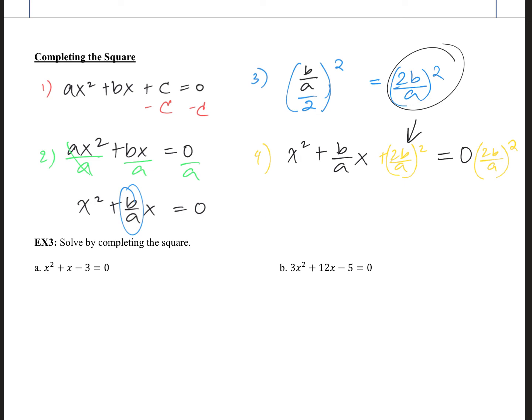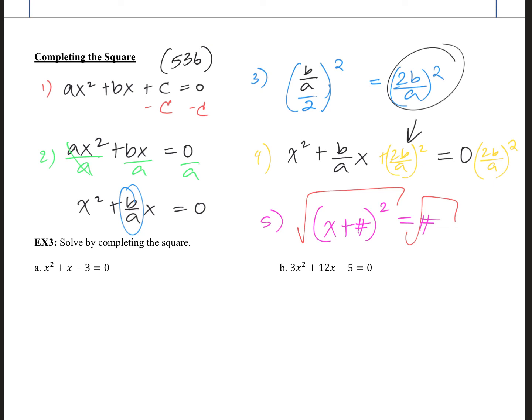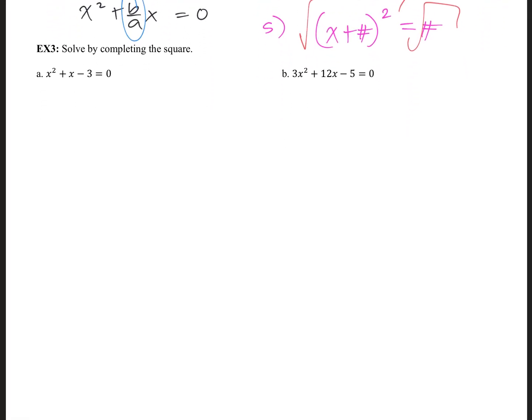And rewrite our number as our x plus our number squared equals a number. And then lastly, we'll go ahead and use the square root property. Okay, so this is a very basic definition or way to complete the square. Once again, if you want to see this in more detail, where it's written out in words, that would be on page 536 of your textbook. Okay, so let's go ahead and practice solving by completing the square.